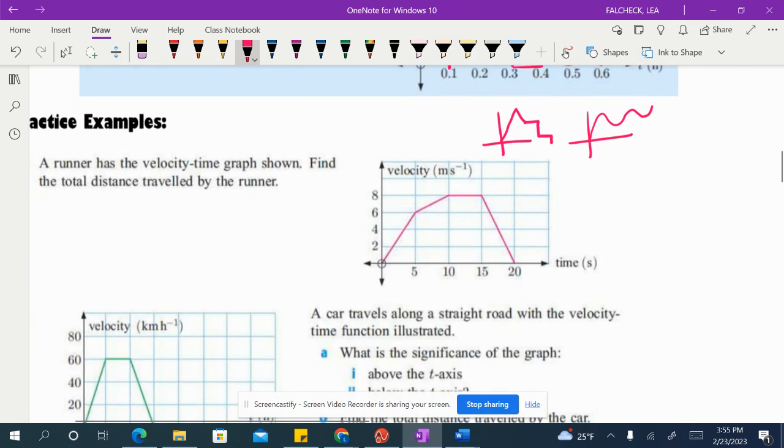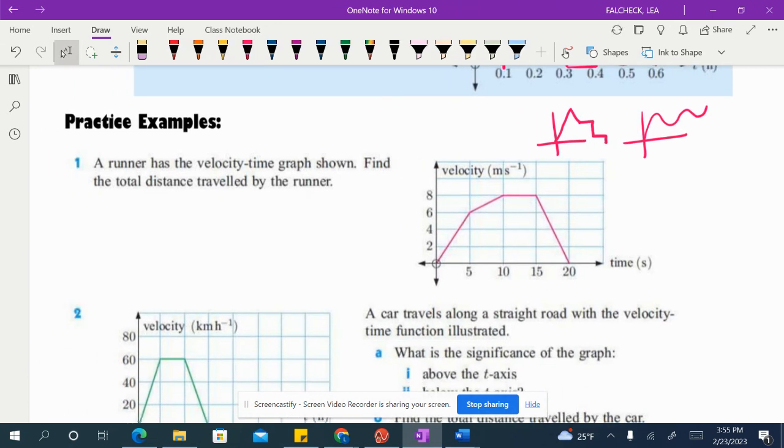So let's look at practice problem number 1, okay? You're going to pause the video and solve this one on your own and then see if we get the same answer, okay?